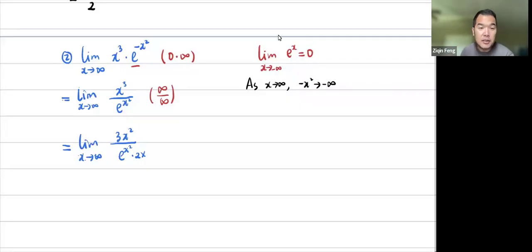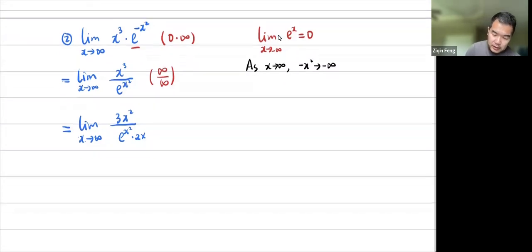And now a good thing here is we can simplify. So this is equal to, as x goes to infinity, 3 over 2, that's our coefficient. You have an x, you can cancel one x, and you get x over e to x squared.